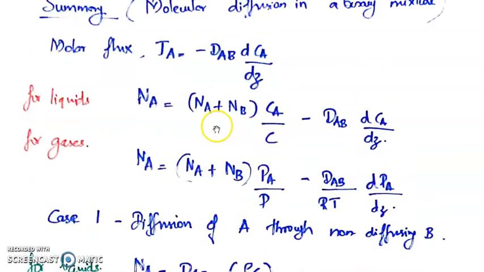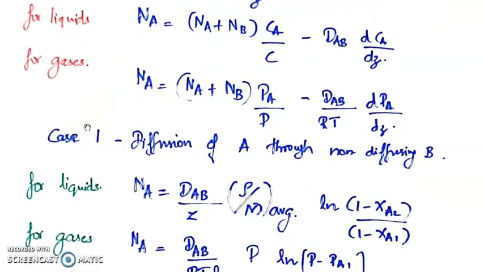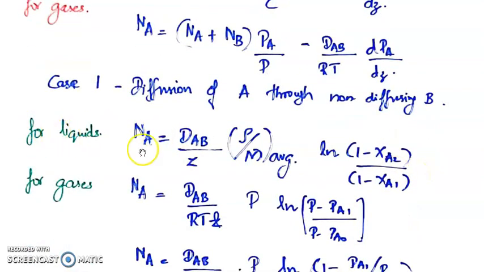And in both the cases, that is molecular diffusion in liquid phase and in gaseous phase, we had two cases. Case one is diffusion of A through non-diffusing B. In case of liquids, we obtain the expression Na is equal to DAB by Z rho by M average into ln of 1 minus Xa2 by 1 minus Xa1.